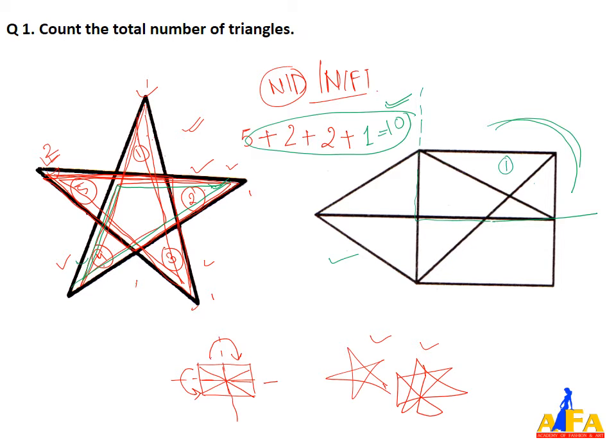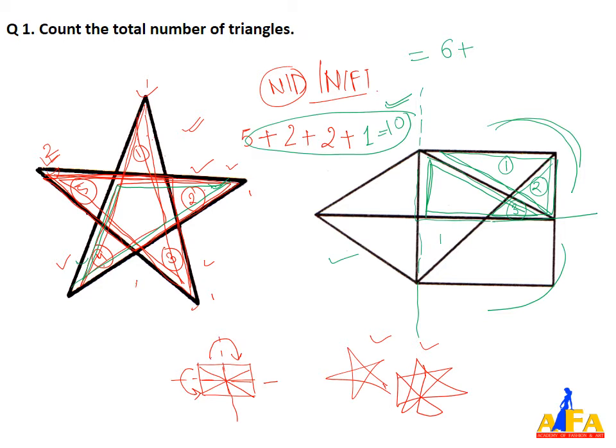So 1, 2, 3, 4, like this bigger one, 5 and 6. So the total number of triangles under this rectangle is 6 plus. If we take this part, the number of triangles is only 1. If we talk only about this part, the number of triangles is 1.